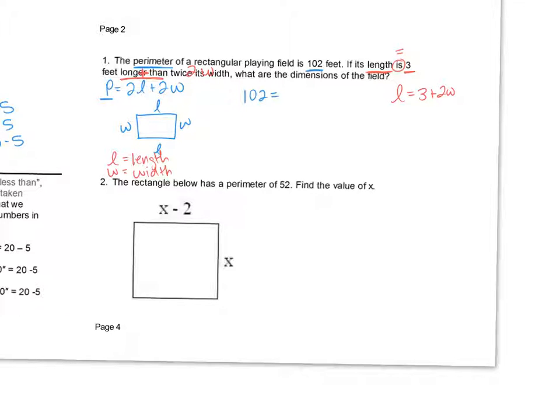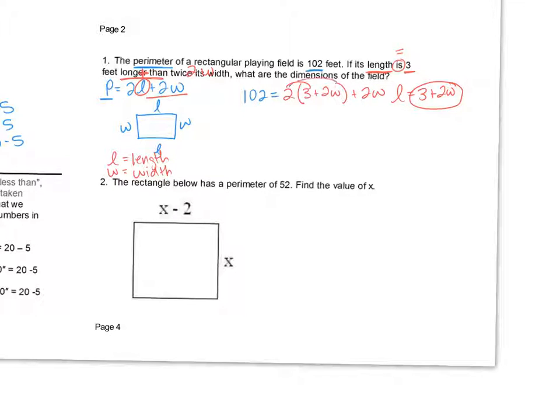Now that we have this length written in terms of W, we're going to take all of this and plug it into our formula instead of L. So let's continue on. We've already plugged in 102 for the perimeter, and then we have 2 times. Now instead of writing an L, we're going to grab what we circled, 3 plus 2W, and then we still have to finish out the formula with plus 2W.